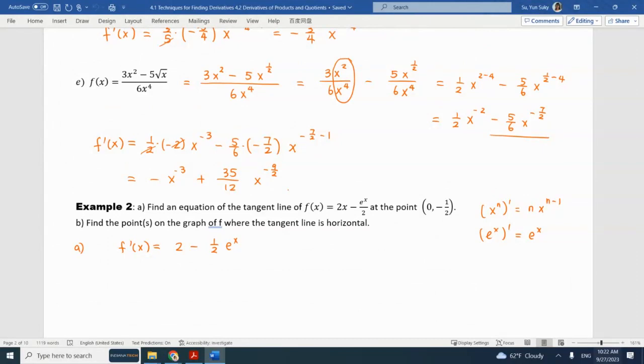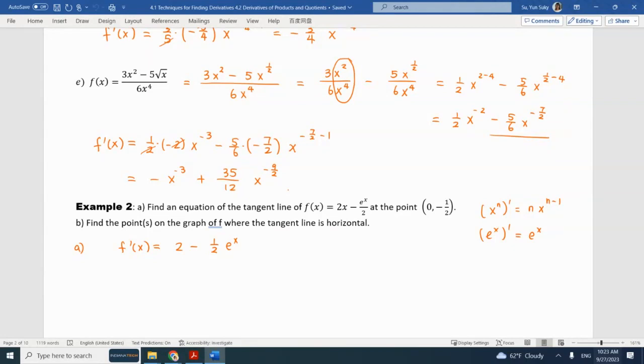There is another function whose derivative is itself, which is the constant function 0. Because 0 is a constant, the derivative is also 0. So the constant function 0 and e to the x are the only two functions that have the derivative being the same as the function.